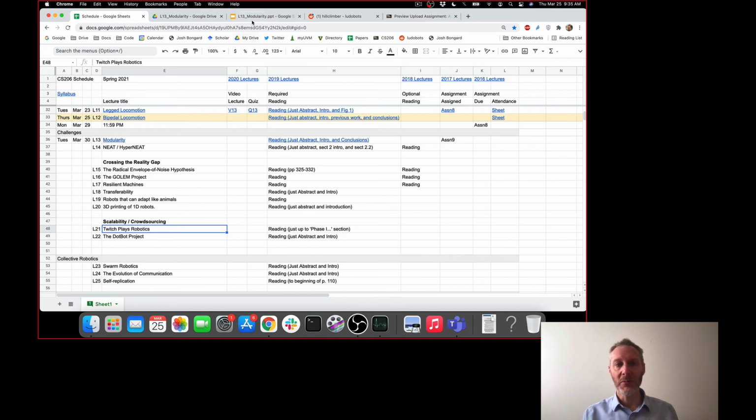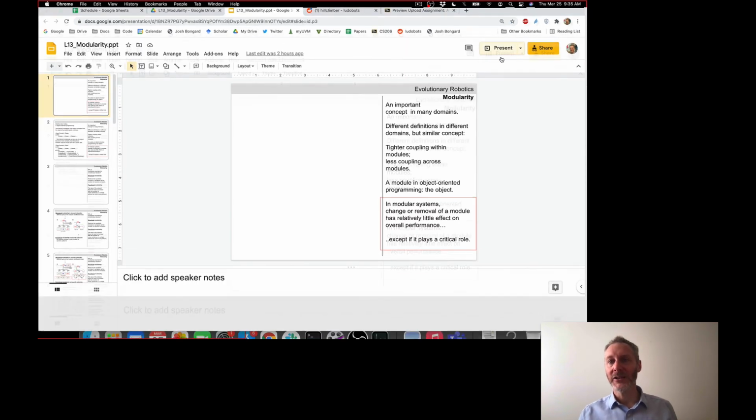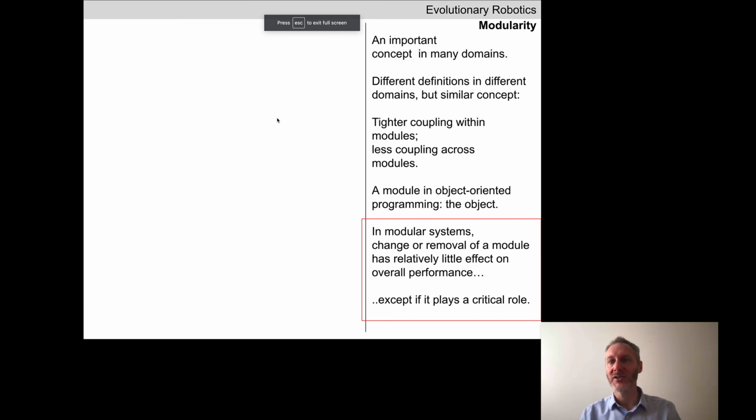Okay, let's start with modularity. Modularity is probably the most important design concept in engineering, software engineering, computer science, architecture, pretty much anything that humans build. We try to build things in a modular fashion. Why? Well, modularity is good for lots of different things.